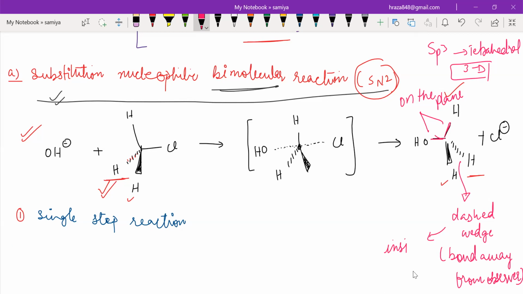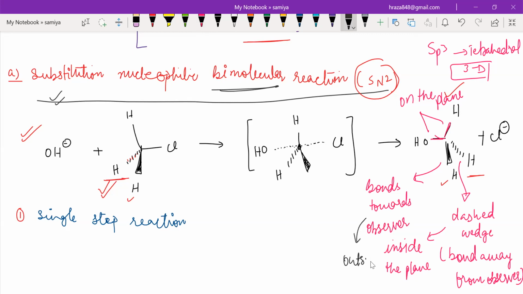And this is a bond towards the observer, so this is outside the plane. Whenever a solid wedge is written, this is called a solid wedge, that means this bond is towards you.